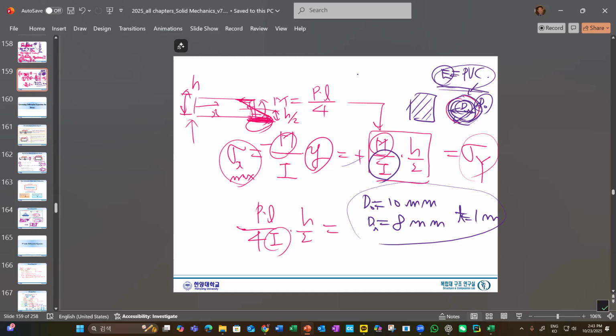A little bit difficult to understand, but the equation says there is no Young's modulus. It's fine. But I is like that, and we need to know what I is.